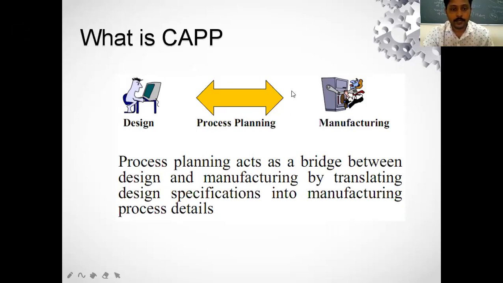So this is the bridge between the design area and the manufacturing area. So basically you are planning the things for manufacturing. Get it? I hope you understand the definition of what exactly CAPP, computer aided process planning, means.